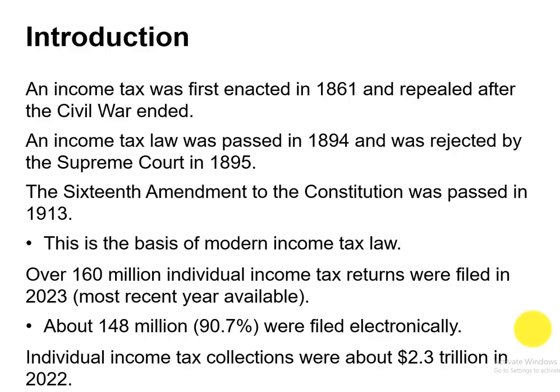The income tax, you might say, was a little bit structured like today, but it started out very, very simple, with very few deductions and only at a very low rate, and only involved people with more than average income. So most people didn't have to even worry about it. Today we have a process of filing electronically. 160 million households file individual income tax returns, and individual income tax is our focus.